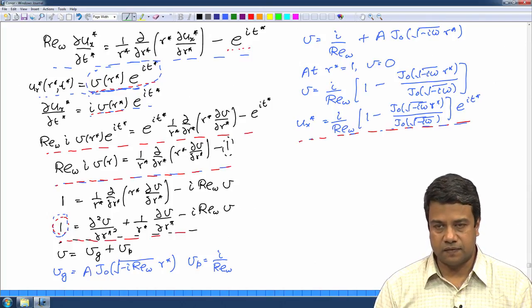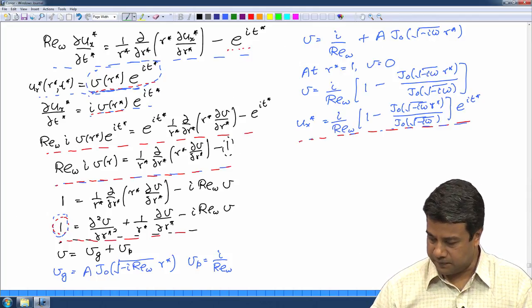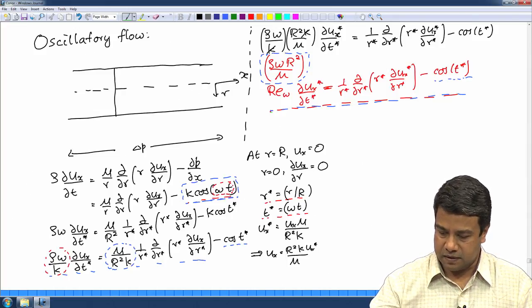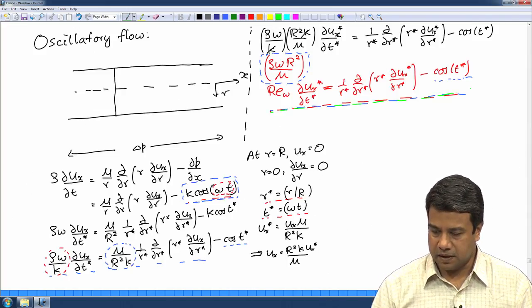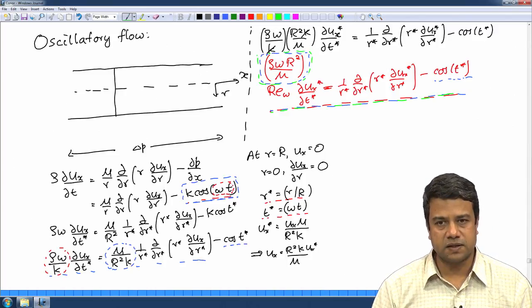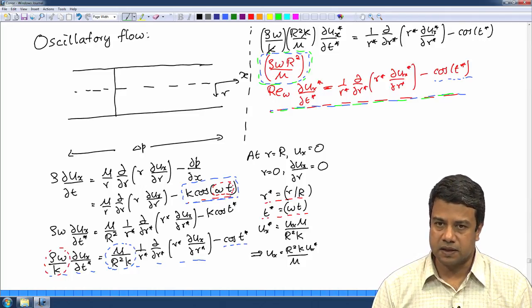The equation turns out to be a linear equation where Re omega is rho omega r squared by mu, the ratio of inertial and viscous forces, where we have used the frequency of oscillation as the inverse of the time scale and the radius as the length scale.